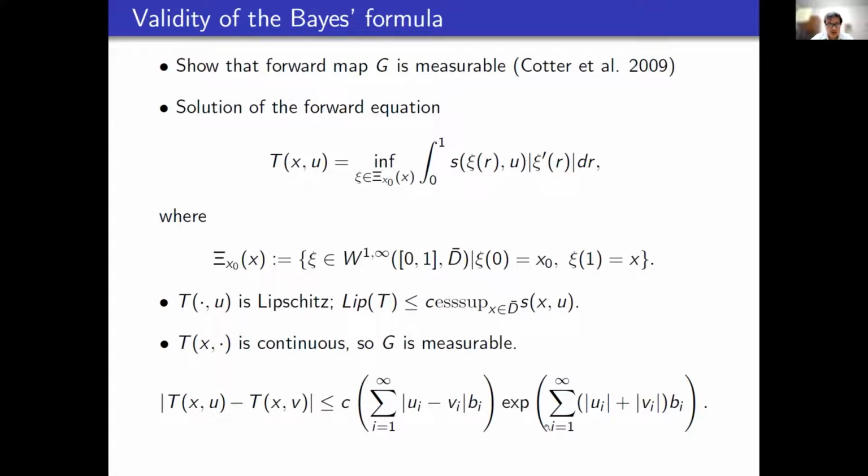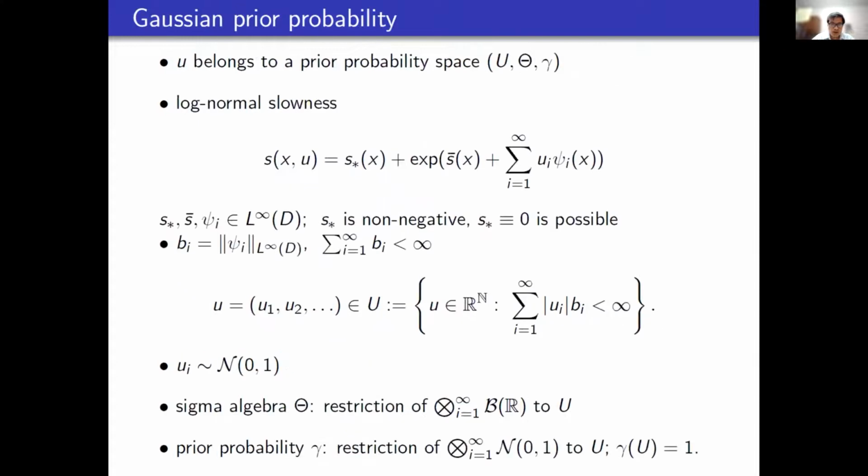So this is the bound that we have. You can see that the second term here is finite because both the sequence u and the sequence v belong to this space U, that is the space of all the little u such that the summation here is finite.